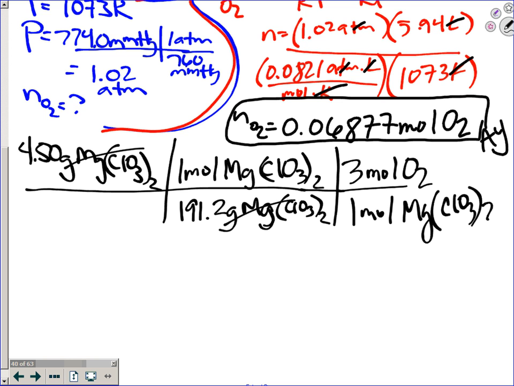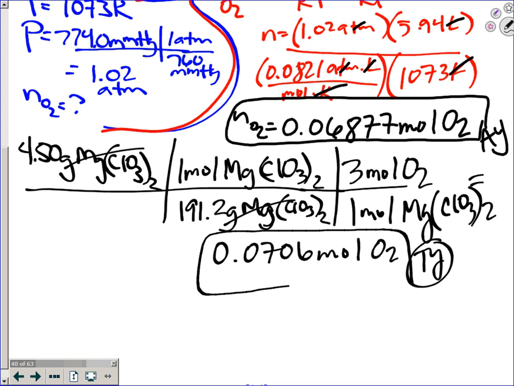All right, and then how many moles is that, guys? 0.0706. All right, and this is what yield? Oh, sorry, this is theoretical yield, right? Okay, so then to find the percent yield, actual yield over theoretical yield times 100.